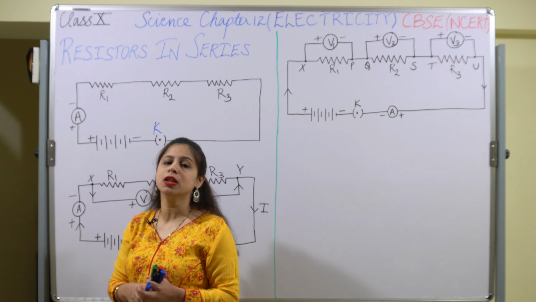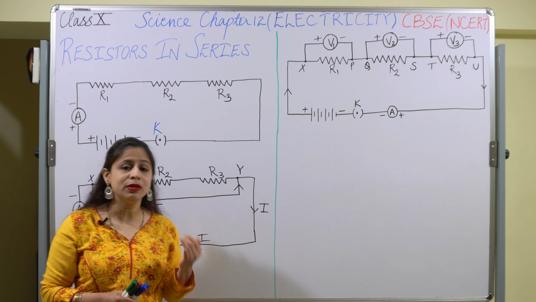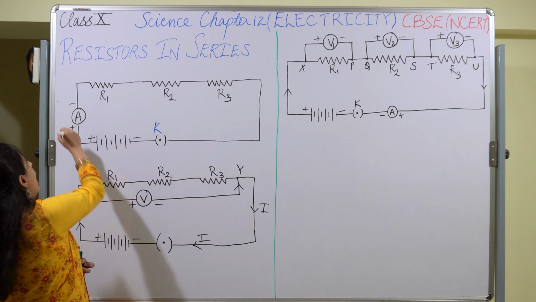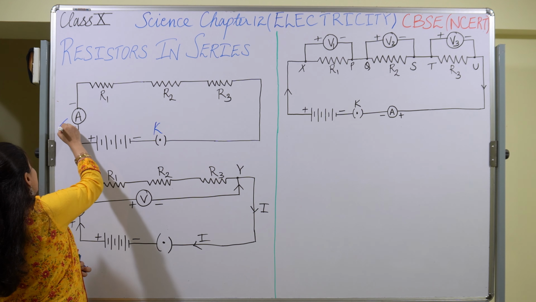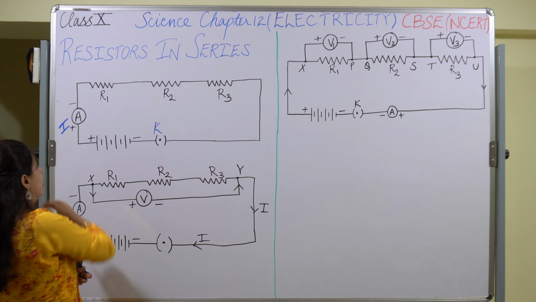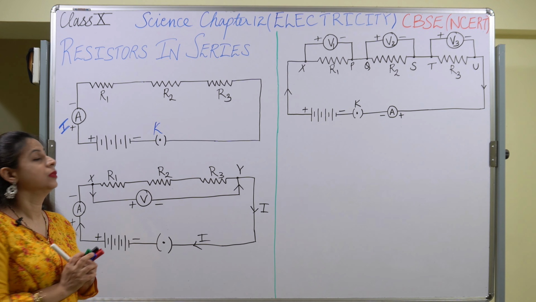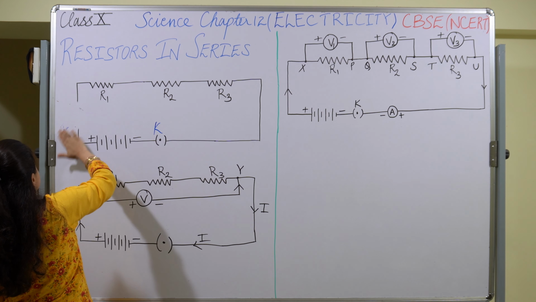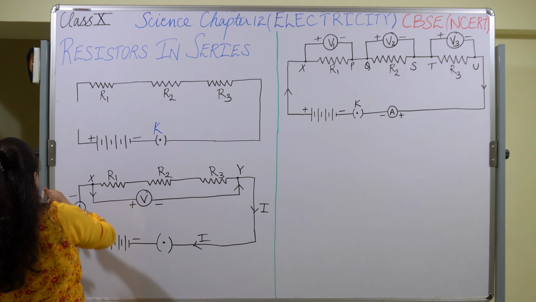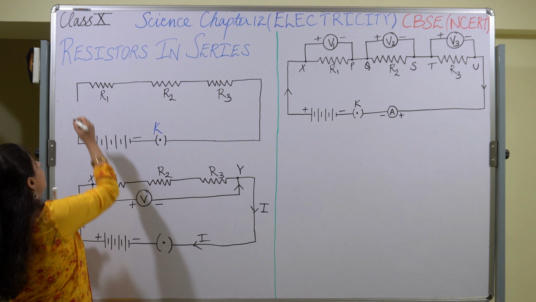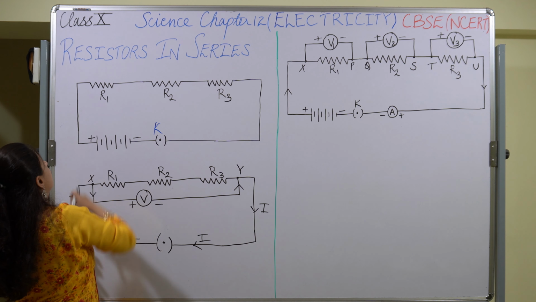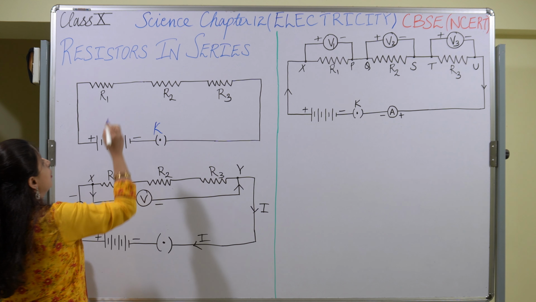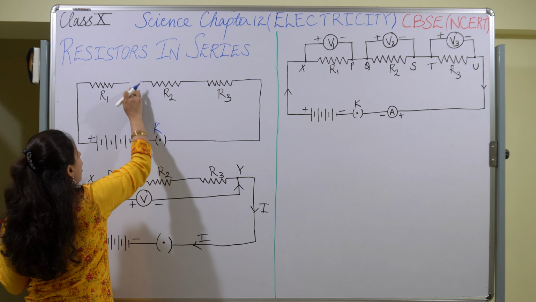Note down that reading and let that reading be equal to I. Now remove the connection of the ammeter from here and place the ammeter here, in between R1 and R2.